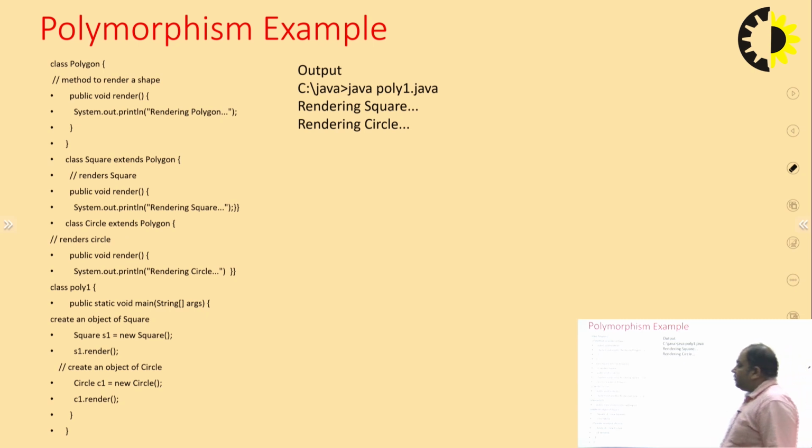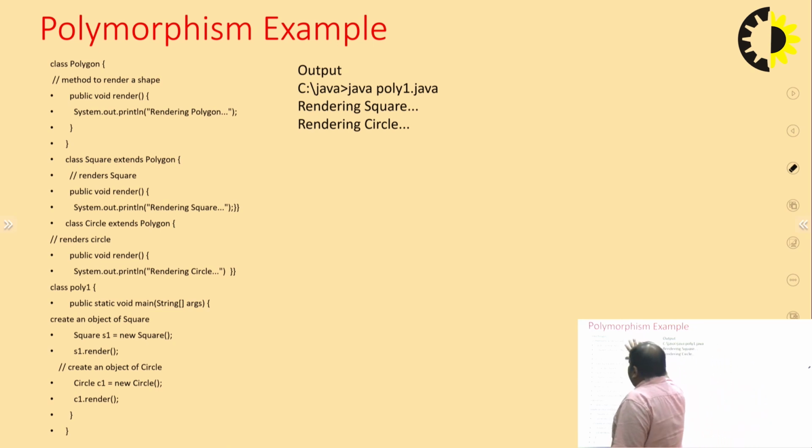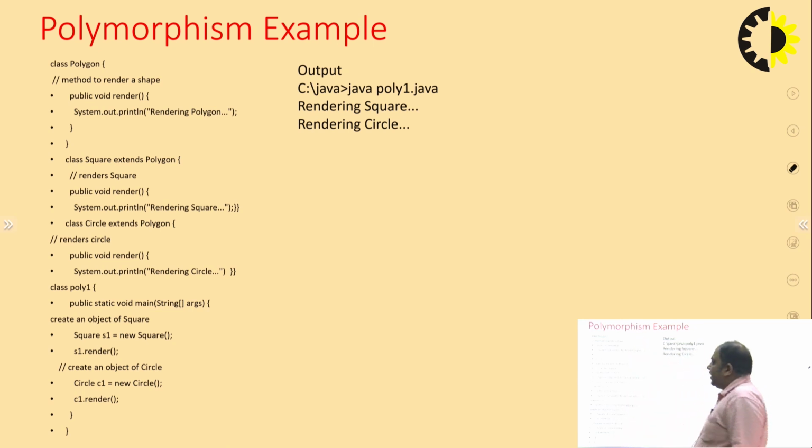We have created one class named polygon. This polygon extends square. Okay, the same values of square and the same values of polygon are represented in another class which will create more than one form. The same variables will be used and they represent the square and they represent the circle.